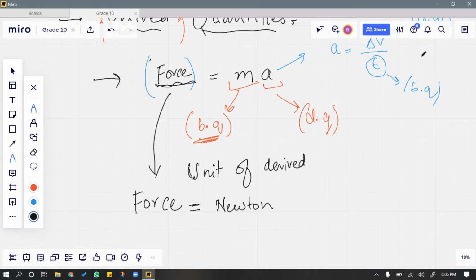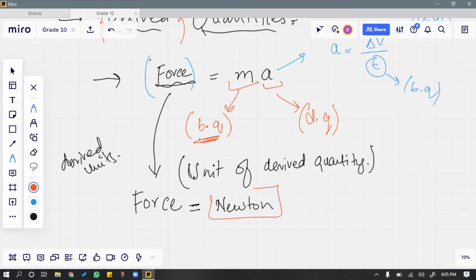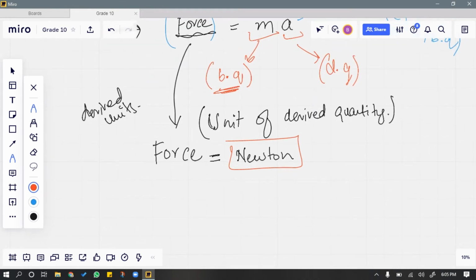The unit of a derived quantity is known as a derived unit. In the case of force, the unit has been given a name, Newton. So all those units which explain derived quantities are known as derived units.